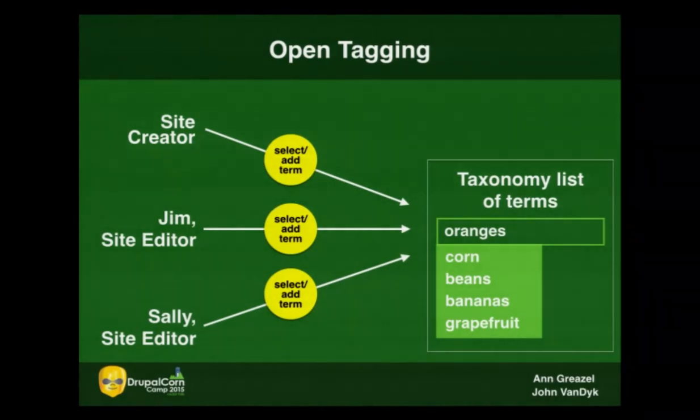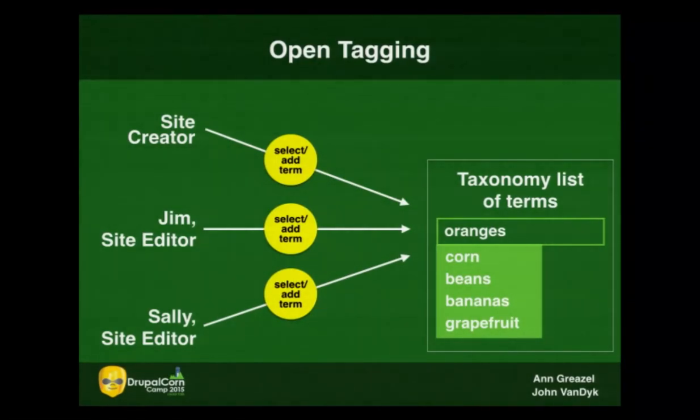Right, and you do this essentially by using the text box, and it's comma-separated. I should have made the slide where it said oranges, comma, and started to type beans, and then it would do a drop down and show me beans, and you could add beans onto it. So if there was a reason that you could use both terms, that would be how you'd do that. And if it didn't exist and you just hit a comma and nothing showed up and you kept typing, what this module will do is automatically add that term to the vocabulary.